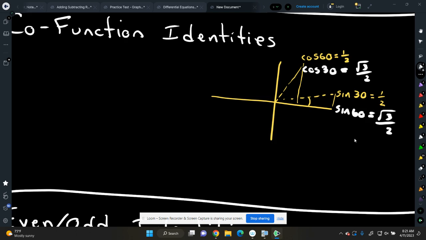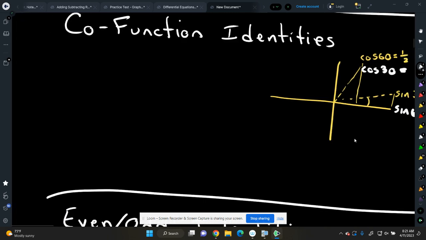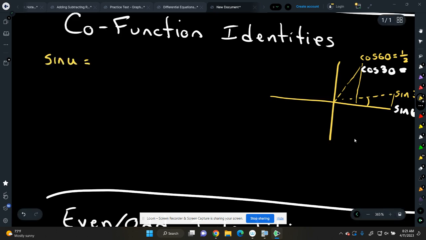Okay. So basically, these are what we call co-function identities. And what that means is that the sine of u is equal to the cosine of 90 minus u.